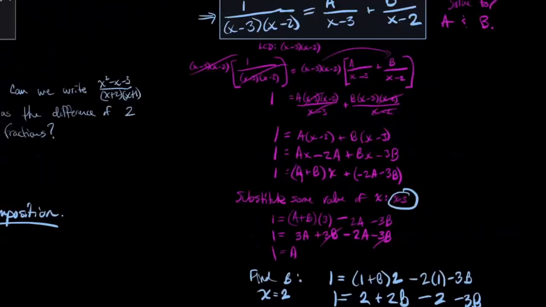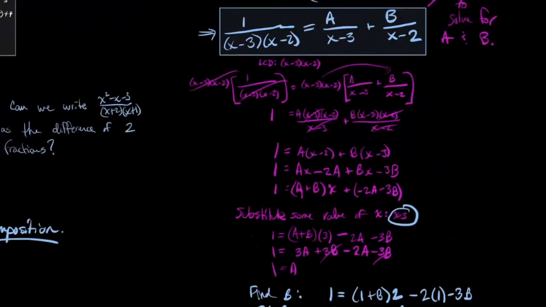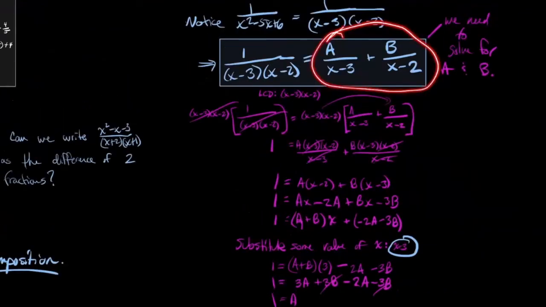After I do all that work and I arrive right here, if I plug in x equals 3, then one of them is going to cancel. In this case, it's a, and it's matched with that factor. If I plugged in 2, I would expect b to go away. So that's one way that we can do it when we have these linear factors.